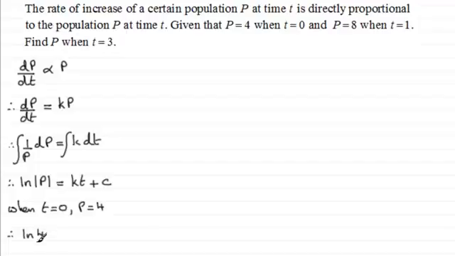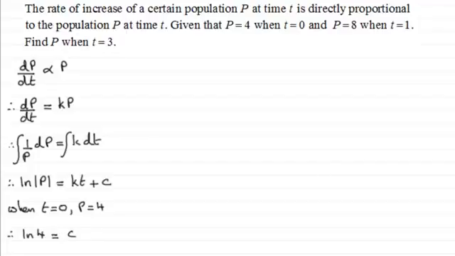As I say, we don't really need mod signs down here because it's a positive quantity. And then it equals k times 0, well, that's going to be 0, and then it just leaves us with c. So you can see that the constant c is the natural log of 4.